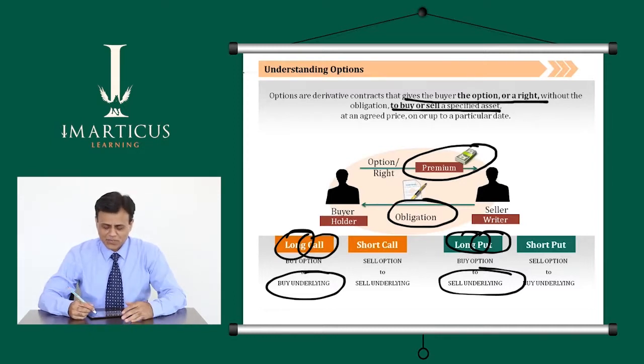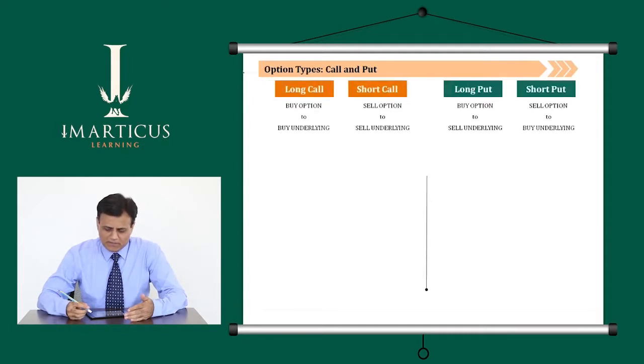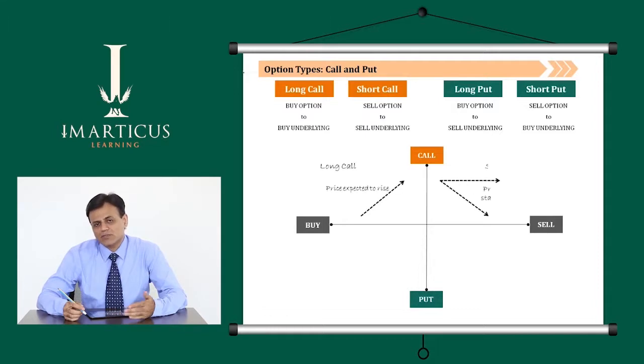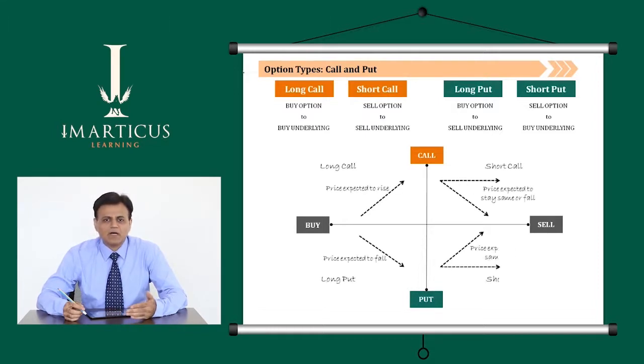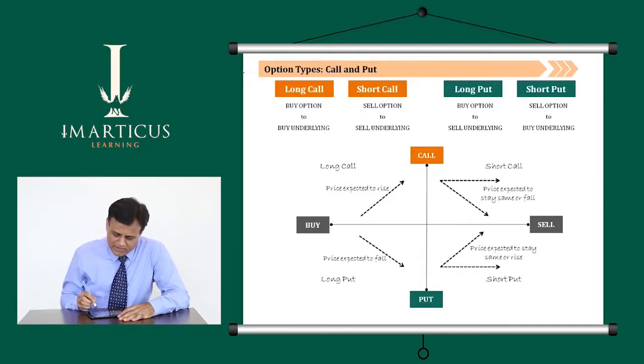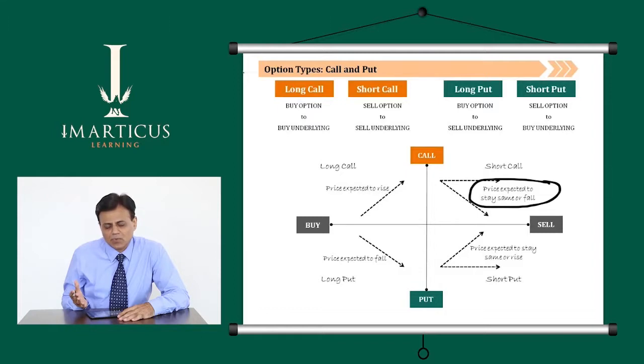Now let's get to what would be the motive behind somebody who wants to buy a call or a put. The buyer of the call expects the prices of the asset to rise, whereas the buyer of the put expects the prices to fall, which means that the seller of the call expects the prices to stay the same or fall.